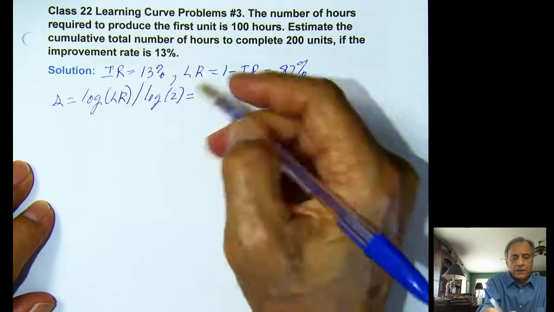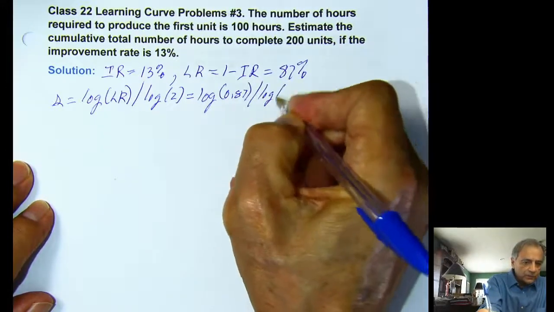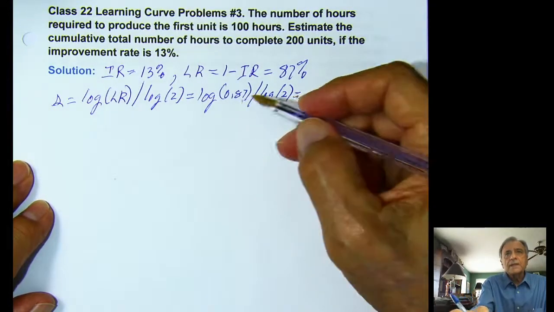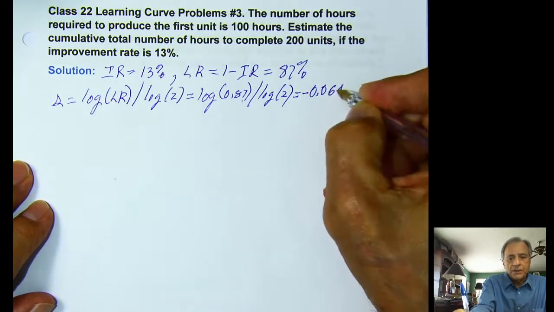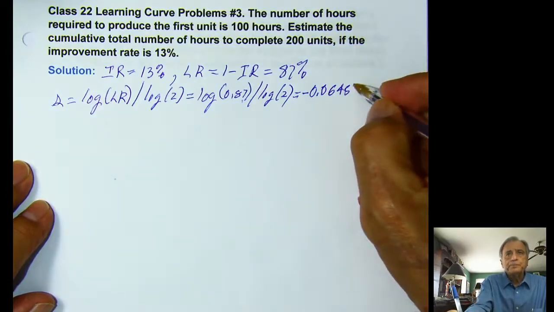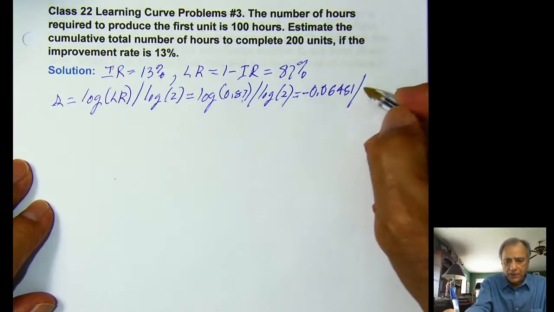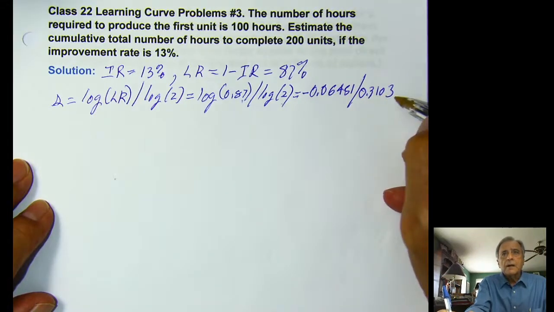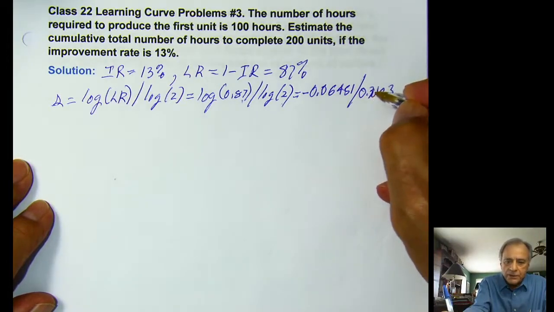The log of 0.87 divided by log of 2, and the log of 0.87 is minus 0.0605, and we already calculated the log of 2 before, or looked it up, 0.30103.